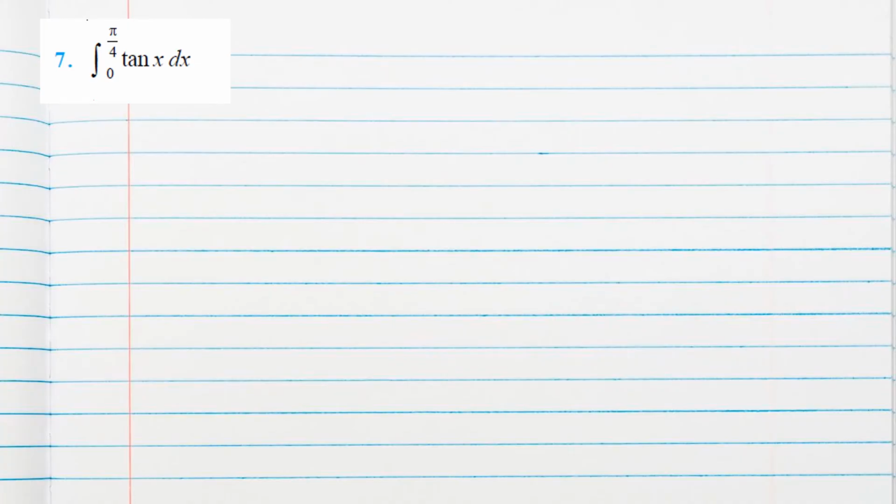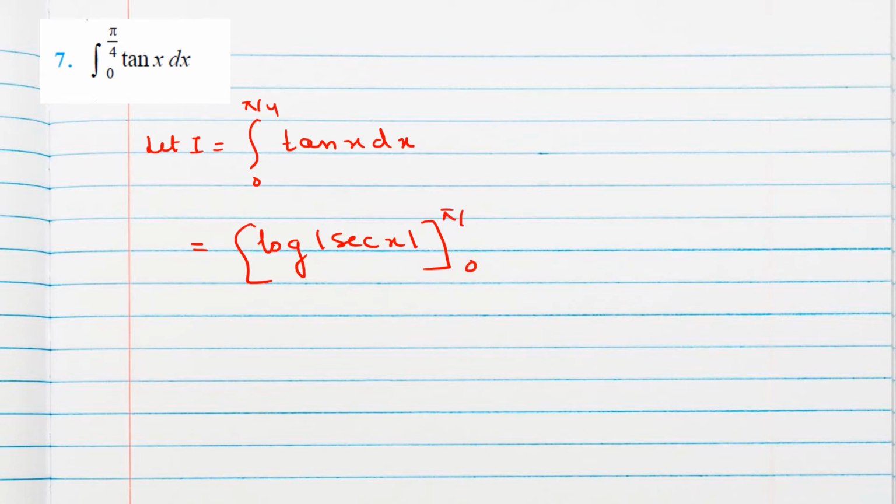Question number 7. Let the integral be I. This is also a direct integral. We have a formula: integral of tan x is log sec x. Okay, that is a special formula. We'll apply that directly between the limits 0 to pi by 4.